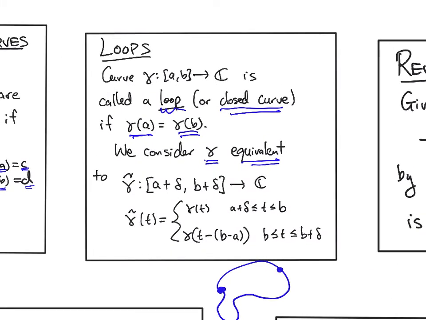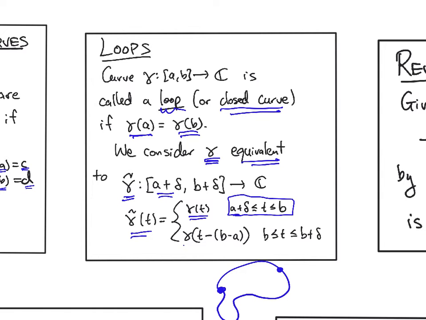We consider gamma equivalent to gamma tilde, and this is just some way of kind of starting at a different point. So I put in gamma, A plus delta to B plus delta, and gamma tilde will be equal to gamma of t when I'm in the original interval in question.